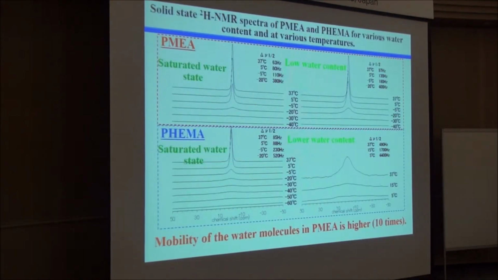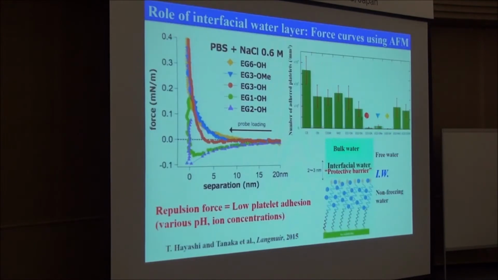And then this is a result of solid-state NMR. What we found is that the mobility of water molecules in PMA is much higher than in polyHEMA. Intermediate water means very high molecular mobility.